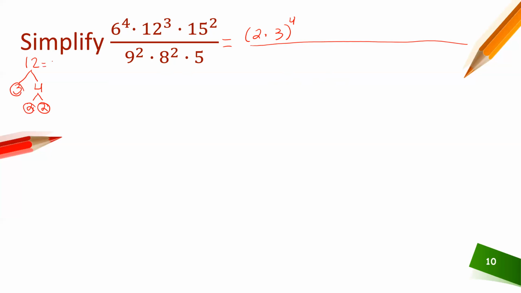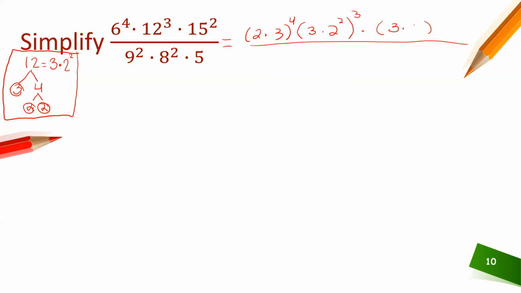To write that, I would say that is the same as 3 multiplied by 2 squared. So this right here, 12 to the 3rd power, I can write as 3 times 2 squared raised to the 3rd power, multiplied by 15. And you got it.